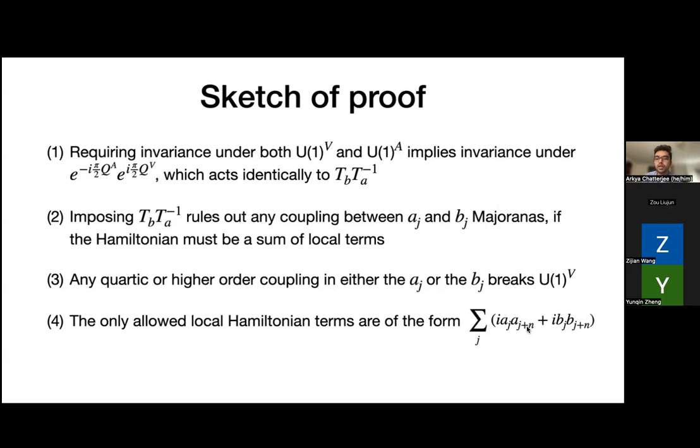N equals 1 corresponds to the term in our staggered fermion Hamiltonian. But you could choose any n as long as n is not large and n is not order L. So these are the allowed Hamiltonian terms, and you see that the entire family of such Hamiltonians is gapless.